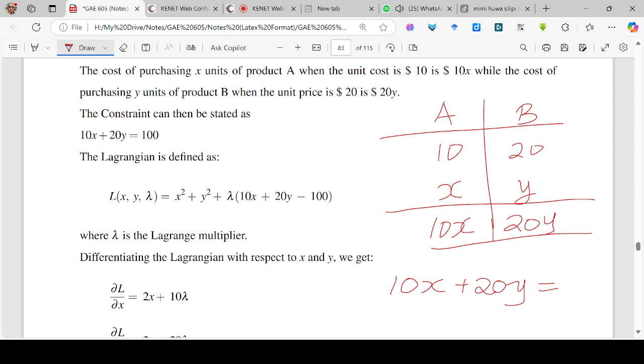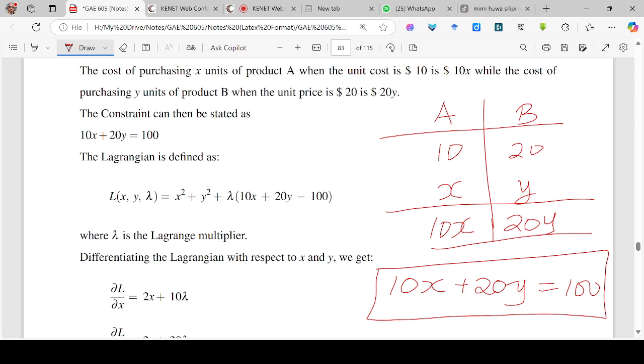But remember, you only have $100, so this should not exceed 100, so this should be equal to $100. So this is the constraint function.